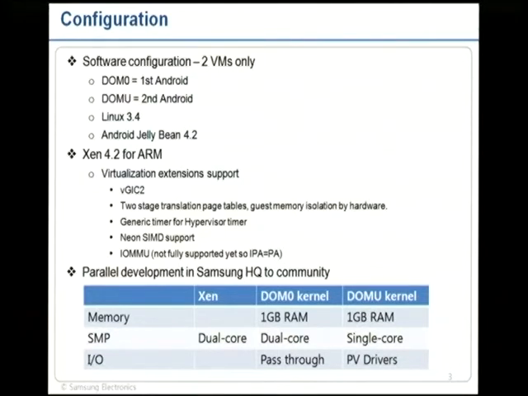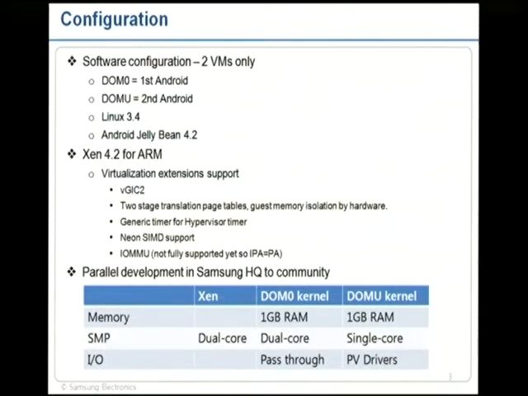And this development was done in collaboration with Samsung HQ in Korea. As you see in the configuration, the DOM0 kernel has been assigned 1 GB of RAM, and DOM-U 1 GB, and XEN is fully SMP aware. DOM0 was also supporting SMP.